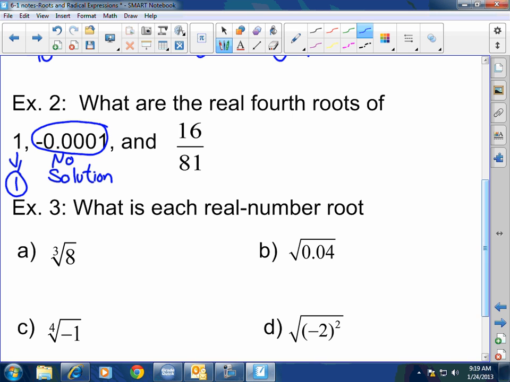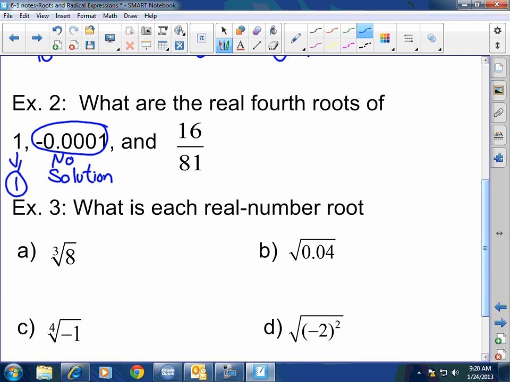We're talking about real solutions. If we wanted to find the fourth root of this, then yes, it would be 0.1i. i is the square root of negative 1, but we're not there yet. So if you put i here, I'd have to mark it wrong because we're not there yet.